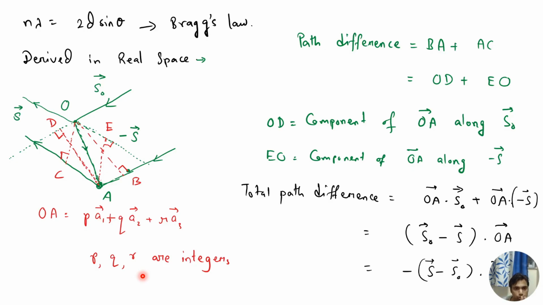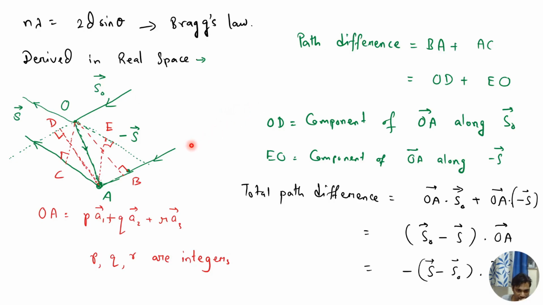Now what we want to do is send in some light. So S1 is a light beam and it is getting diffracted along this way. S0 is the incident beam and S is the direction of the beam after some diffraction.